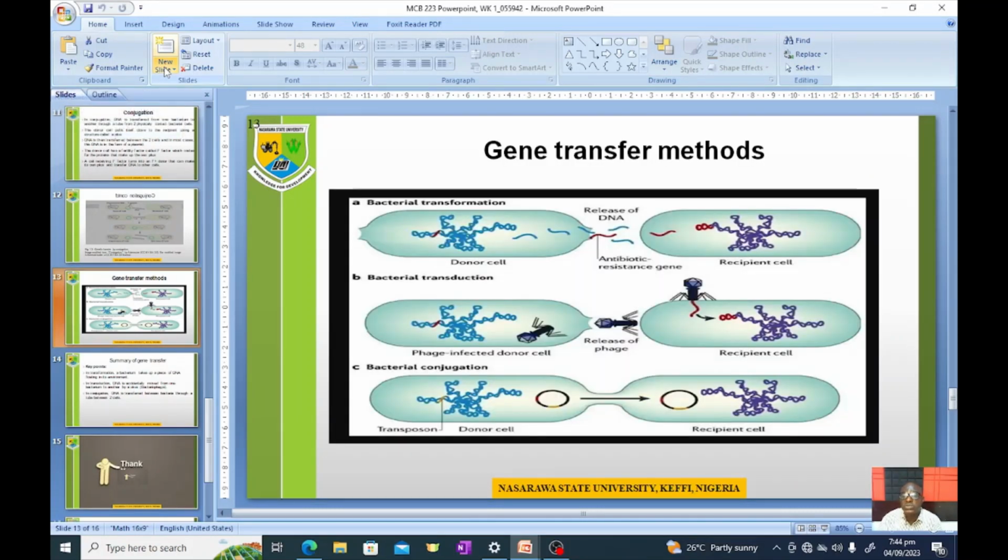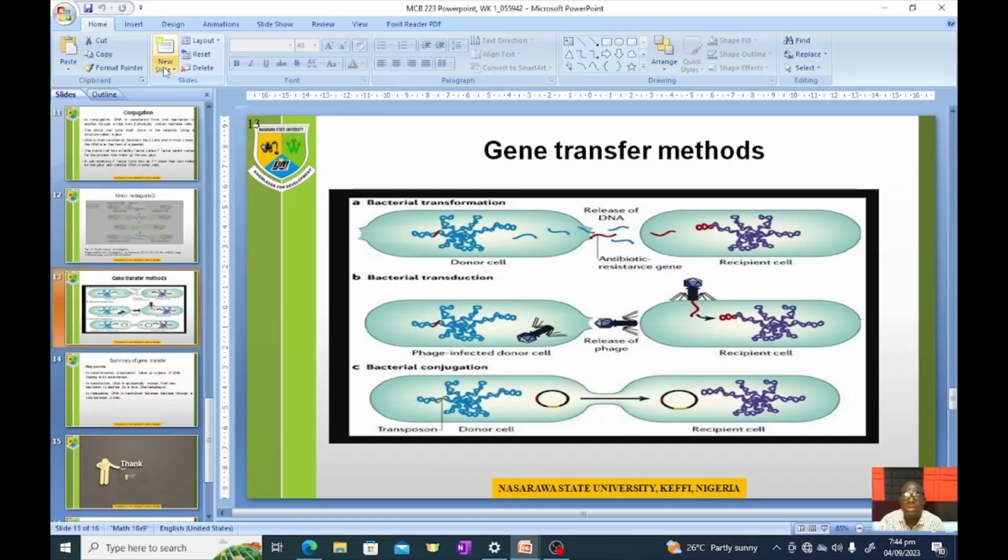Now the three processes viewed together at a glance are as seen. Under transformation, you can see the bacterium from the left, the red color, has a gene that was not present in the B, which is the receiving bacterial cell.